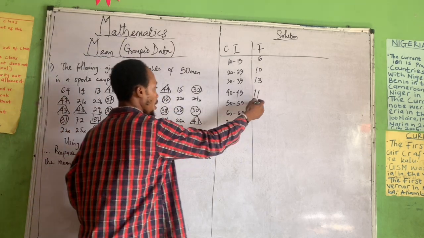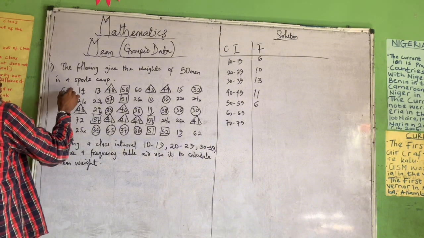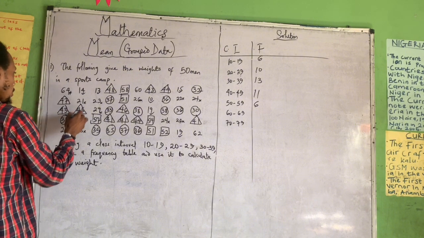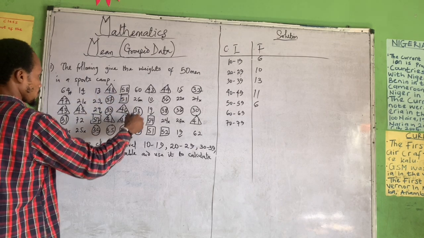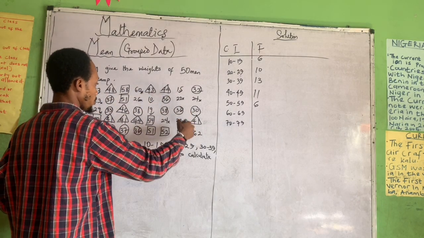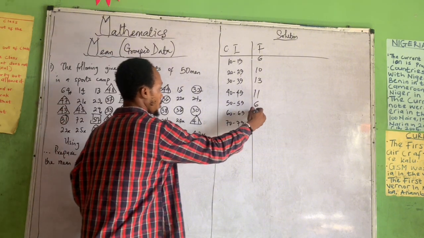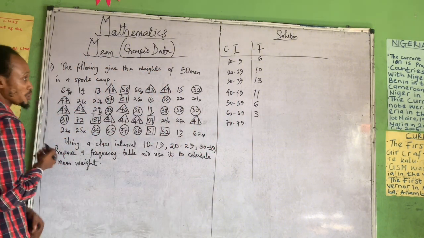So we have 6 here. 60 to 69, let's use asterisk. 1, 2, 3. So 70 to 79, which is only this one, we can use dash as 1.